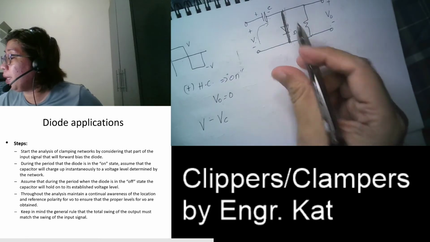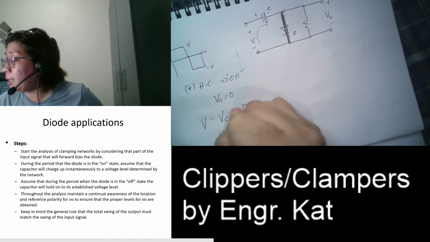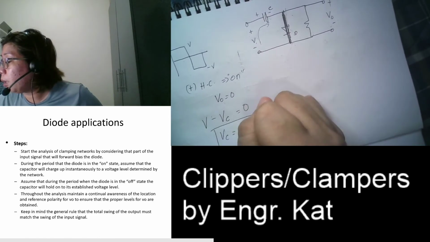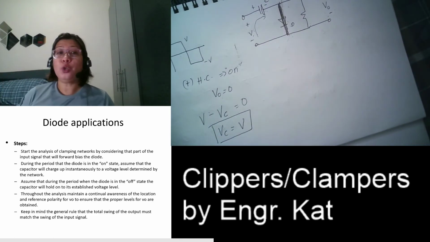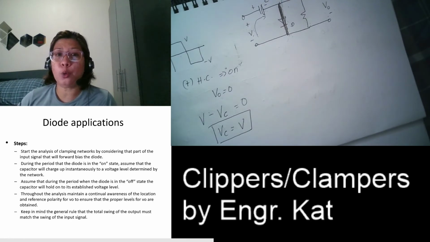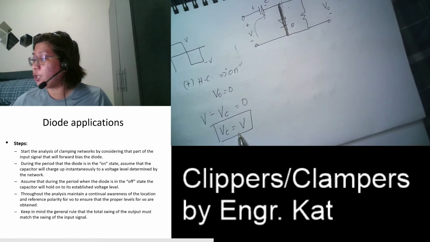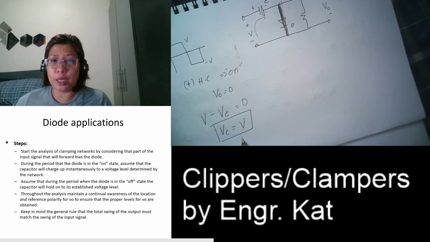Let us call that VC. So this is 0, equal to 0. So your VC is charging up to V. During the period that the diode is in the on state, assume that the capacitor will charge up instantaneously to a voltage level determined by the network. So this capacitor is charged up to voltage V.